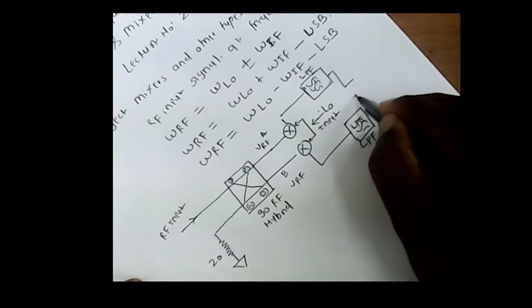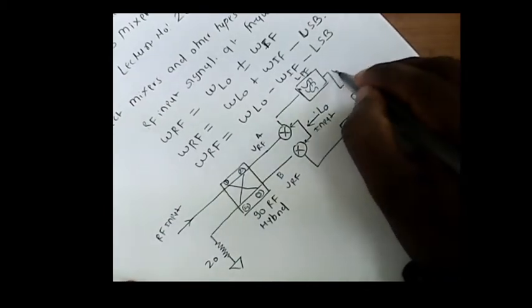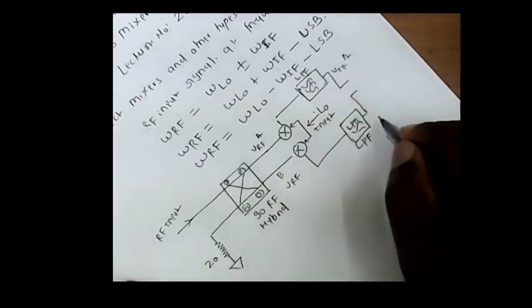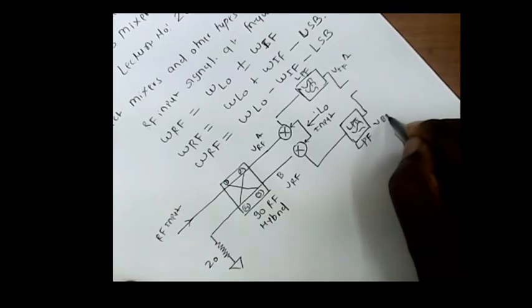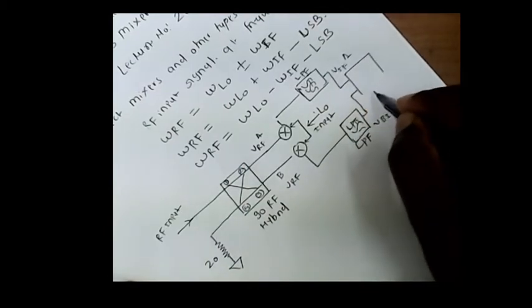The outputs of the two low pass filters are VIF A and VIF B. It will generate two intermediate frequencies, which are given to either the upper sideband or the lower sideband.